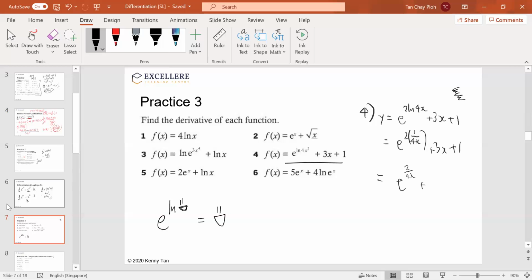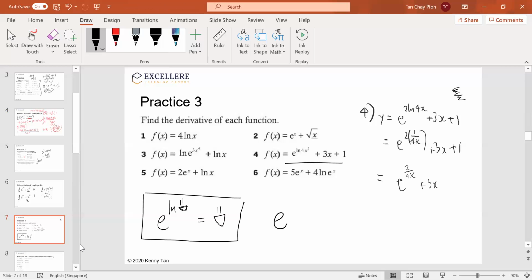Okay, wait. Can you see what I wrote here? What can you understand from this? Whatever ln whatever is, but it's 2 ln 4x. e^(ln smiley face) is equal to smiley face.